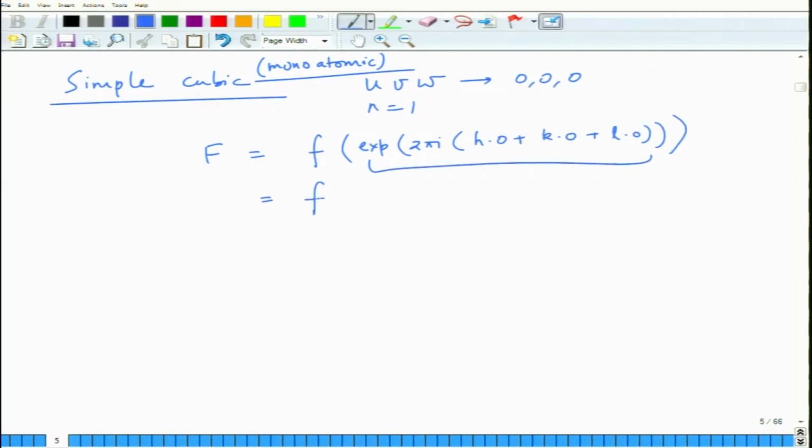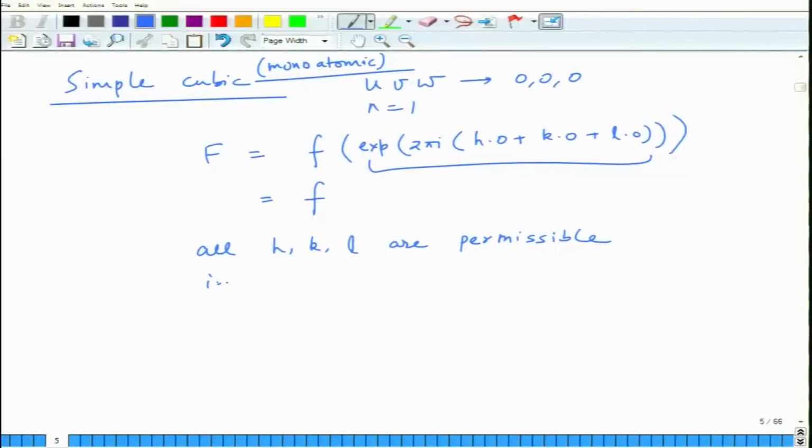So F is equal to f, which means there is no dependence of HKL on the position of atom. As a result, all HKL are permissible. So independent of HKL, all the planes will diffract: 110, 111, 200, 210, 211 and so on, all will diffract.